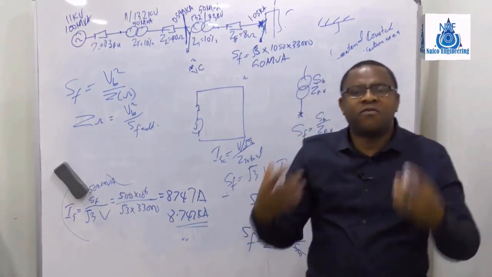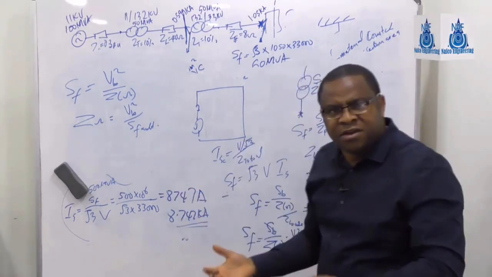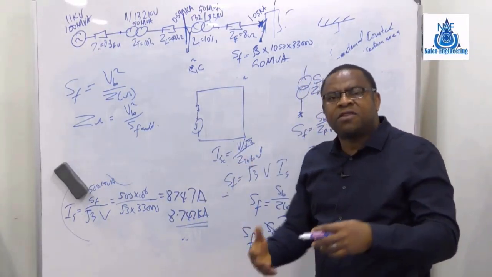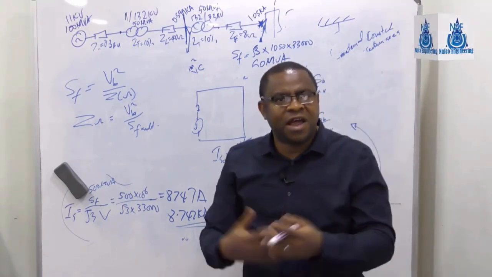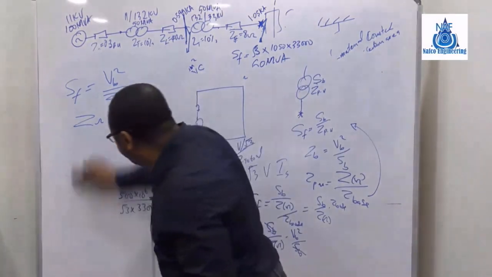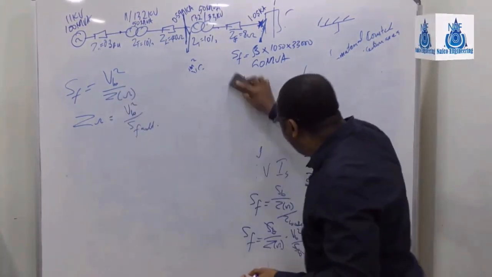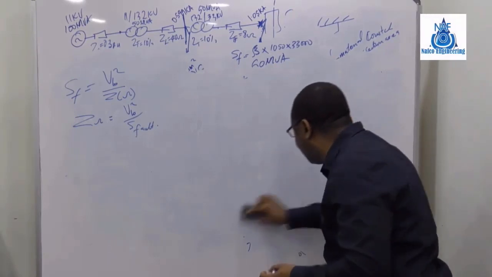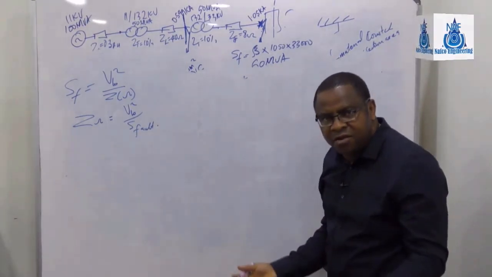Why do we need to convert per unit impedance of the transformer to ohms? Because there are two ways that we can use to analyze fault. Either we analyze them in per unit quantity, or we analyze them using the normal thing that we know from grade 12, the single phase method.